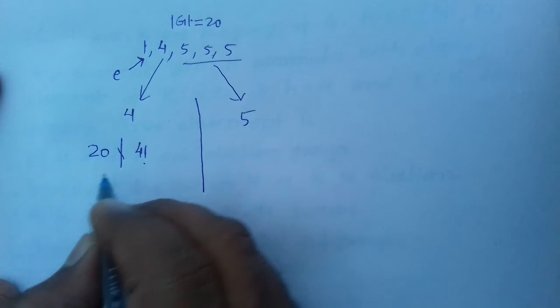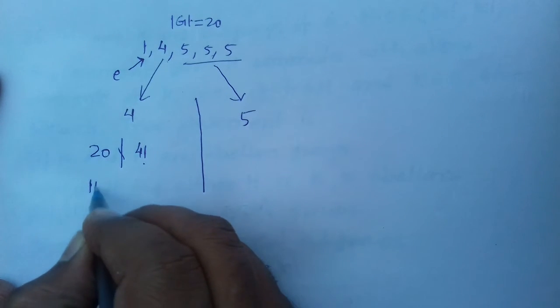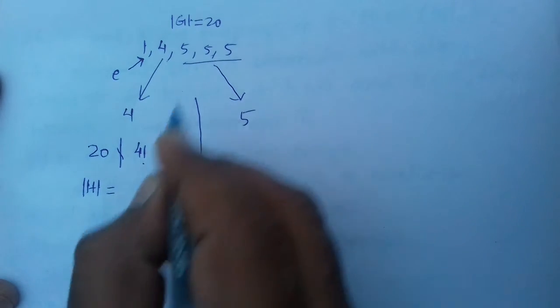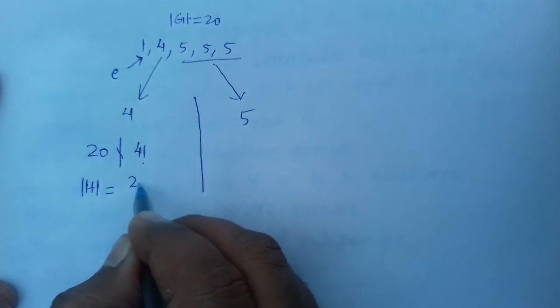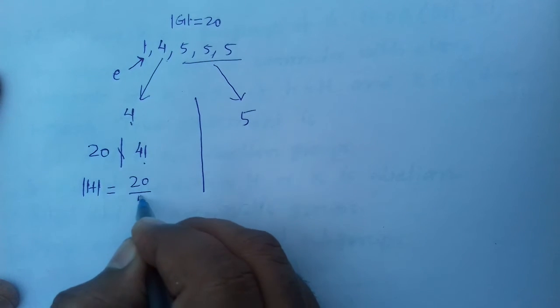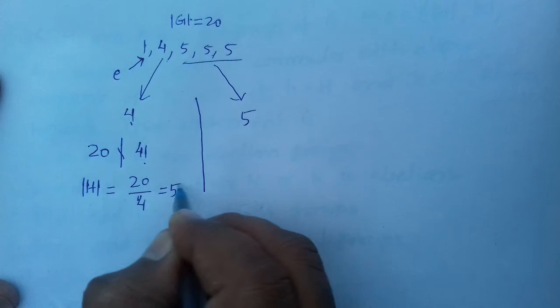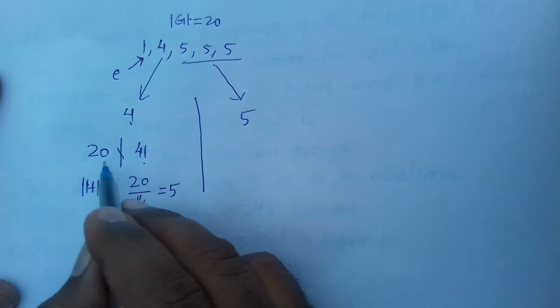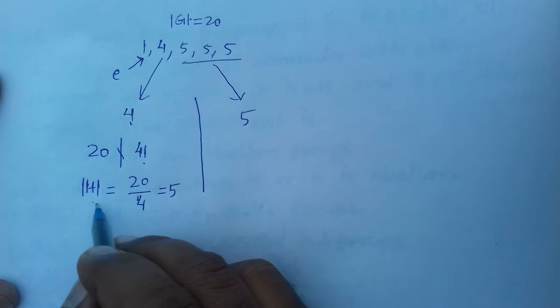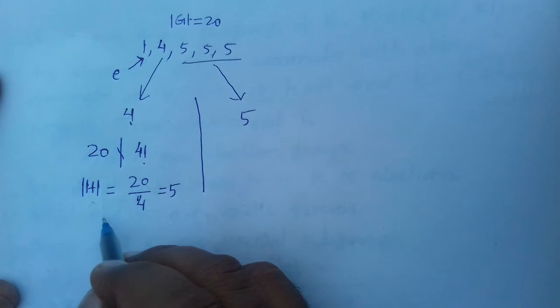So there will be a subgroup, suppose H, whose order will be 20 by 4, that is 5. And since 20 does not divide factorial 4, this H will contain a normal subgroup.